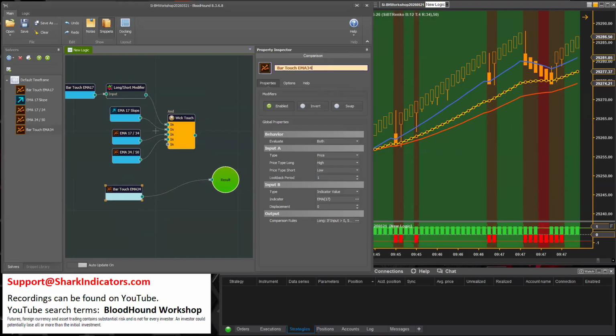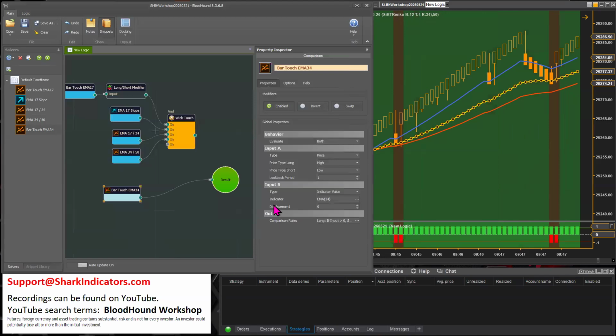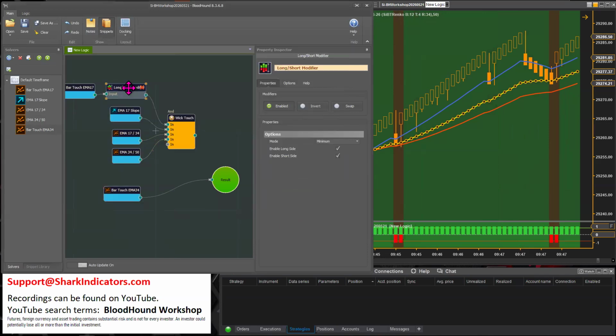All right, so this is going to be for the 34. So we'll go in and adjust the period like so.